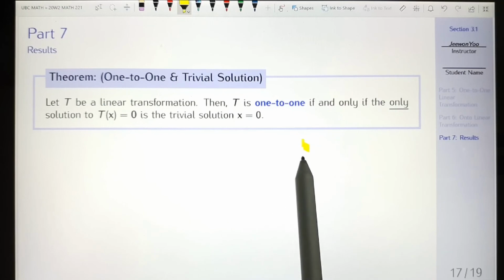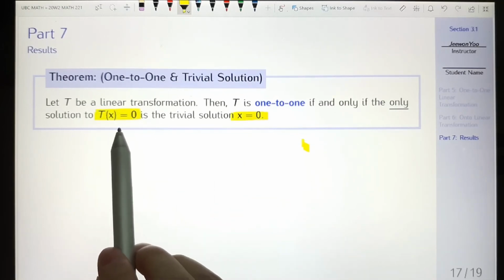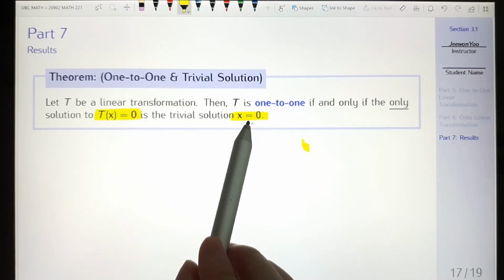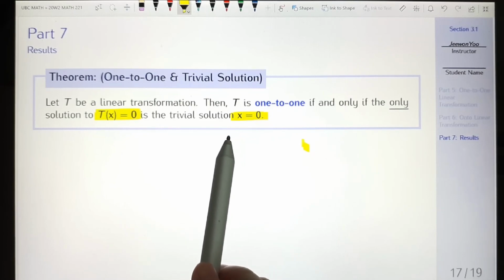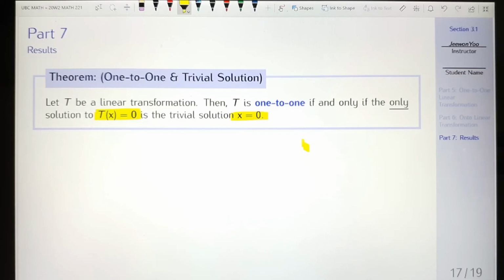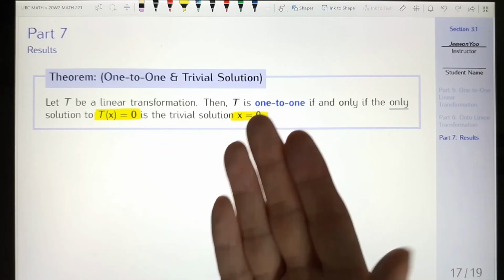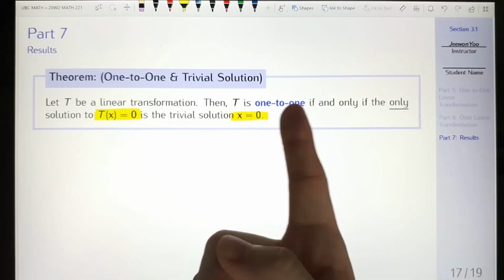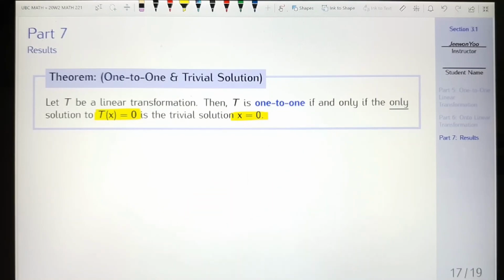Linearly independent means the homogeneous equation has the trivial solution. All the scalars have to be 0. We've seen that in the practice midterm. So hopefully you understand what this theorem says. But we're going to prove this in the live session. Stay tuned.